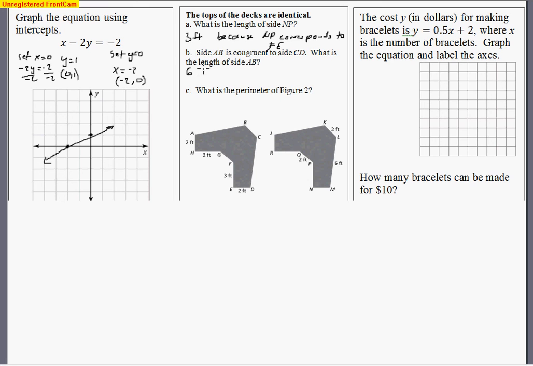And the reason is because it corresponds to LM there. So if that's the case, this is 6 feet. This is 6 feet. And again, because it corresponds, or we'll say CD corresponds to, and then LM. So now we need to find the perimeter.